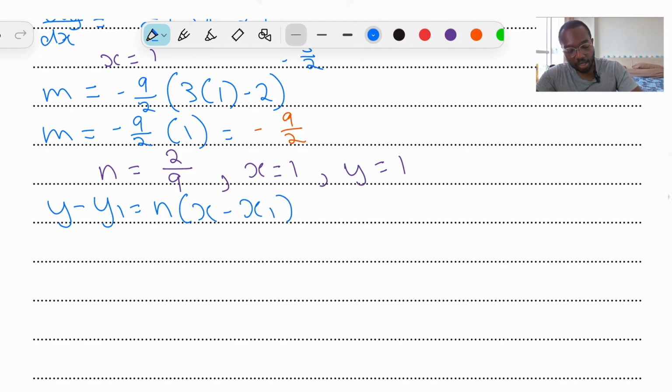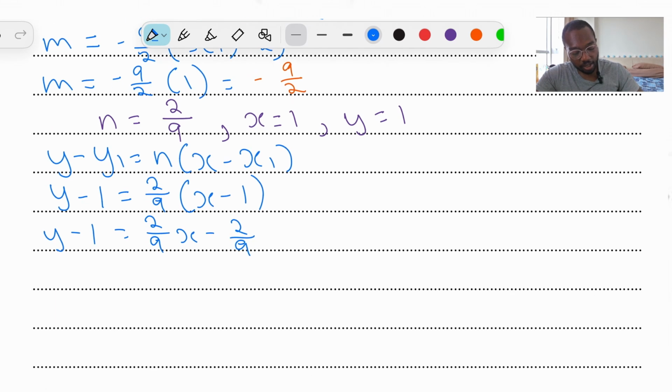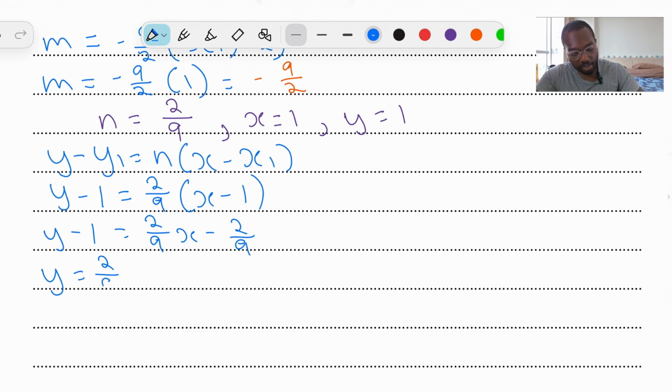Now we can work out the equation of this line, and by working out the equation of a line, we can then work out the y coordinate. So we have y minus 1 is equal to 2 over 9 times (x minus 1). Therefore, y minus 1 is equal to 2 over 9 x minus 2 over 9.